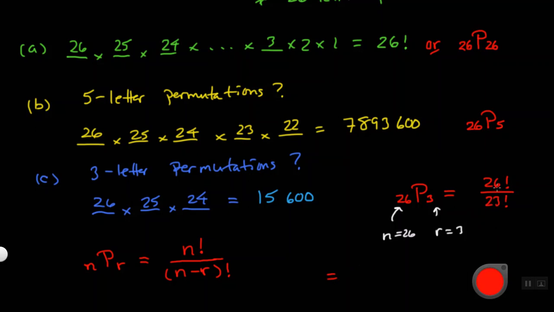Now, notice 26 factorial does go down to 1. But, of course, we don't want to go down to 1. Remember, we want to stop at 24, which means I want everything after 24 to go away. And what happens after 24? Yep, that is 23 factorial.